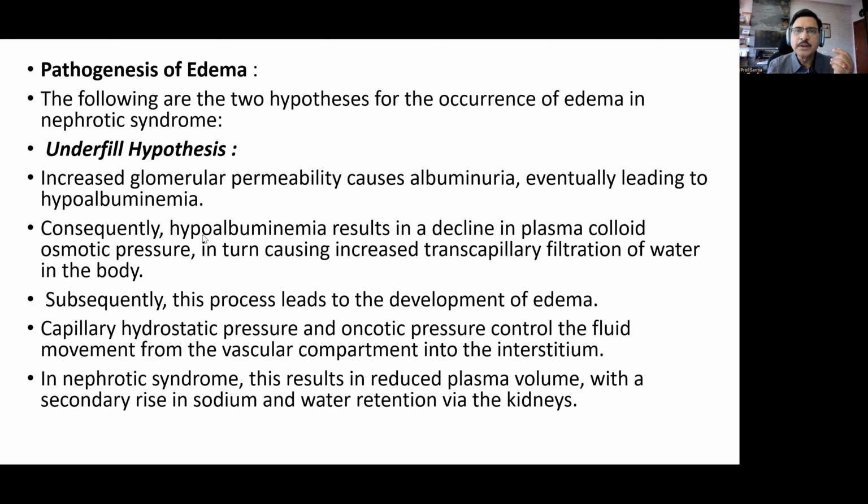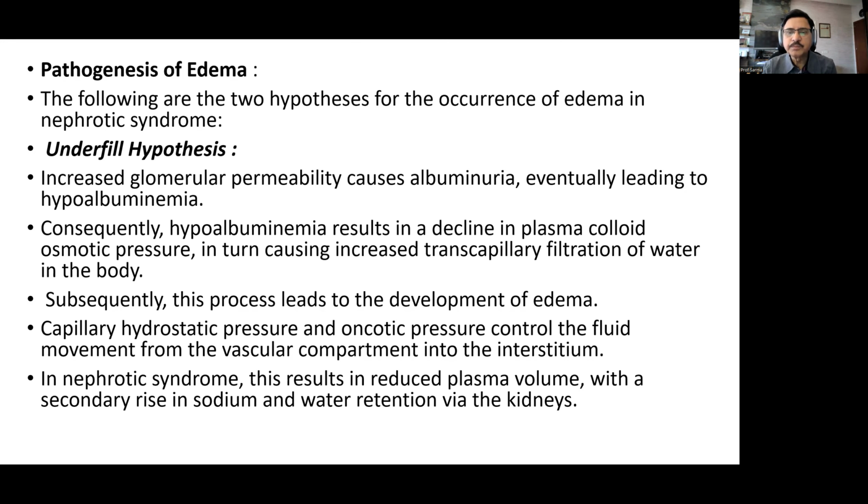Then the oncotic pressure of the interstitium will be increasing. So the net oncotic pressure at the venous end of the capillary is lower, and there is no one who is calling. Instead, there are many fellows who are keeping the fluid there in the interstitium. This is what is called the underfill hypothesis. Now you tell in your words.